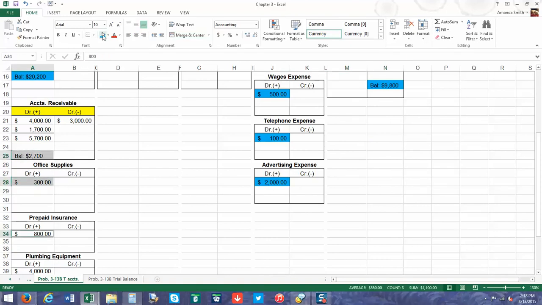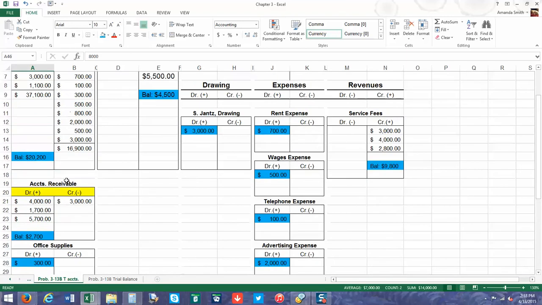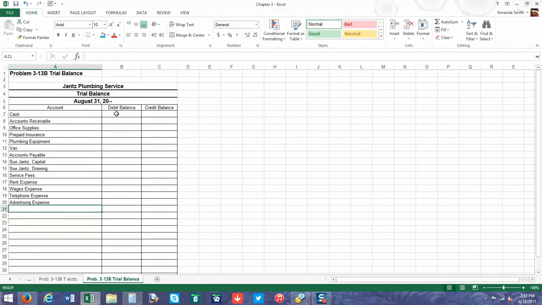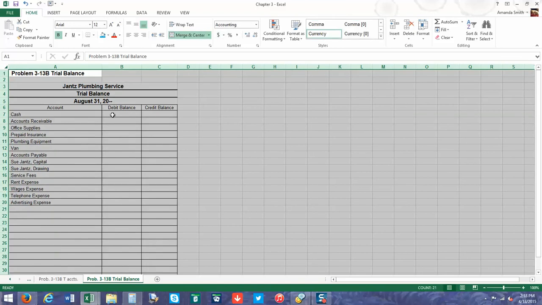We're not going to use every amount or every transaction. We're going to use the ending balance amounts in each account. So even though we show that we had $16,900 worth of credit transactions for cash, we're only using the balance amount. So we're transferring those amounts over to see if we total, to see if we've done everything correctly.